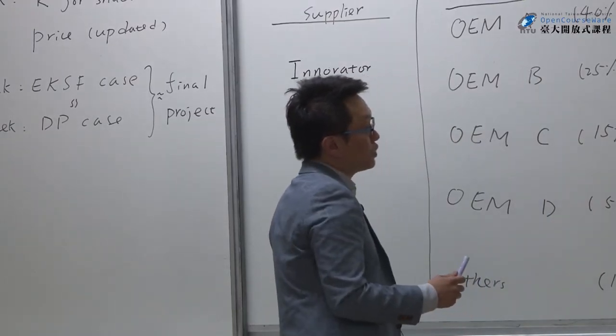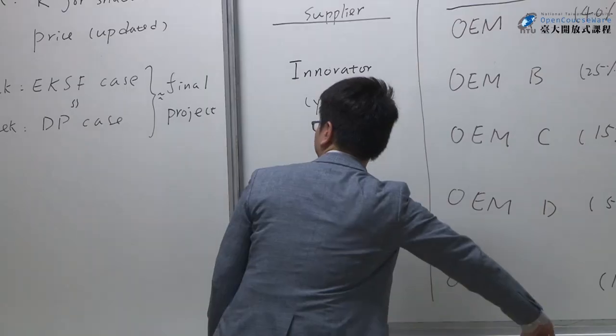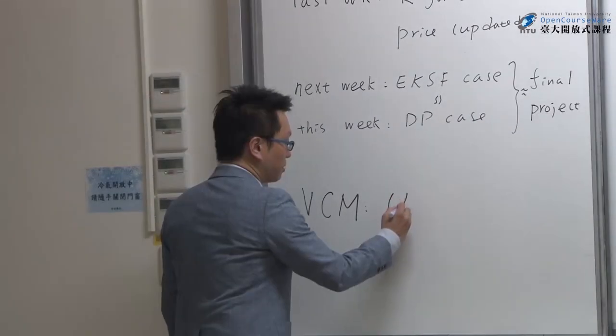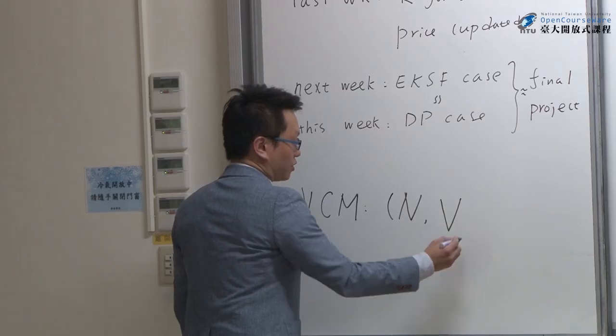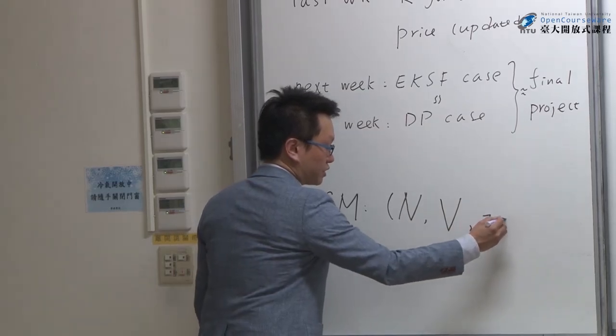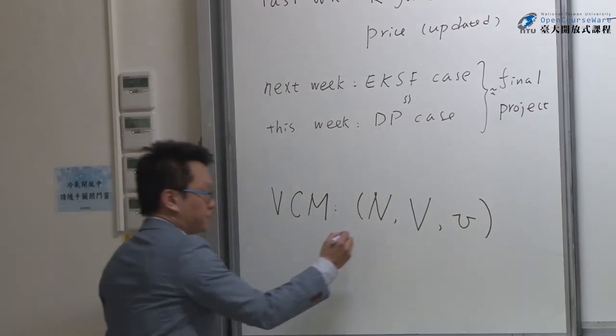In order to do VCM analysis, we need to consider all the players. We need to give input: the players, the total value generated, and the alternative value generated. Now we look at the player part.